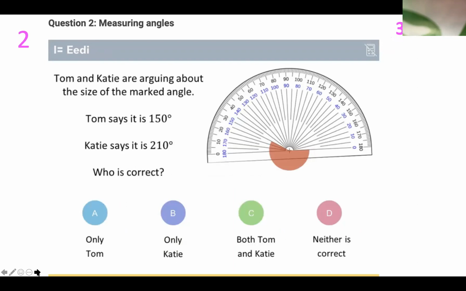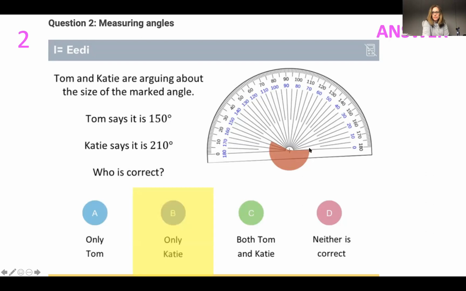You're halfway. Three, two, one. Put your answers in the chat. Let's see who got B.